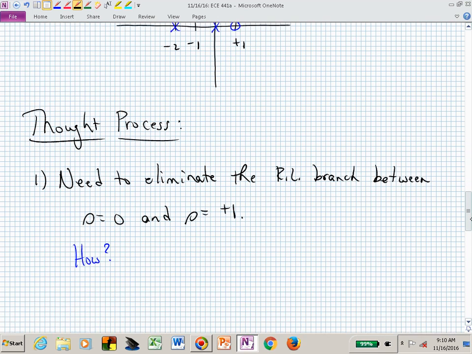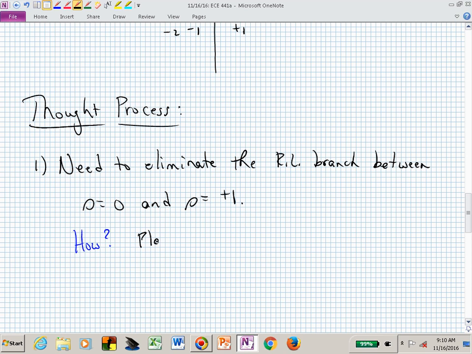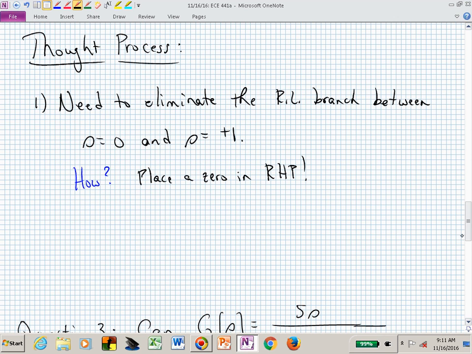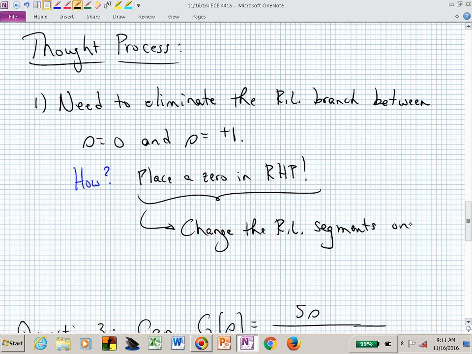But really, if we simply place a zero in the right half plane, that's going to help us change our root locus segments on the real axis.